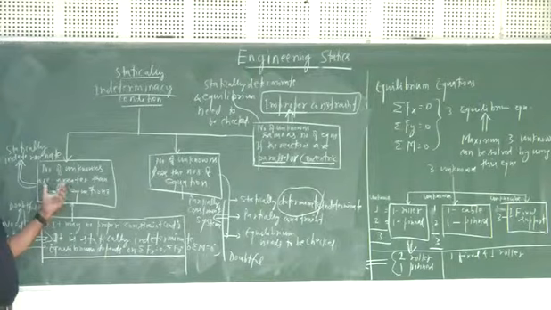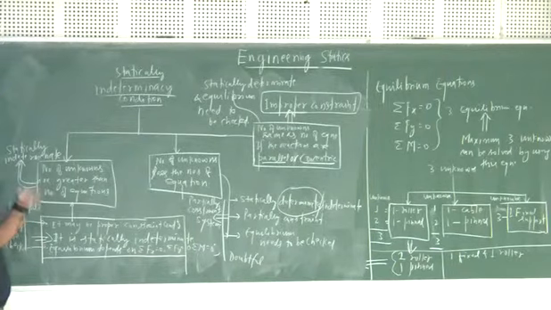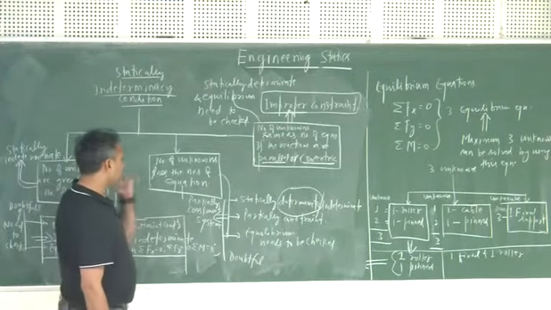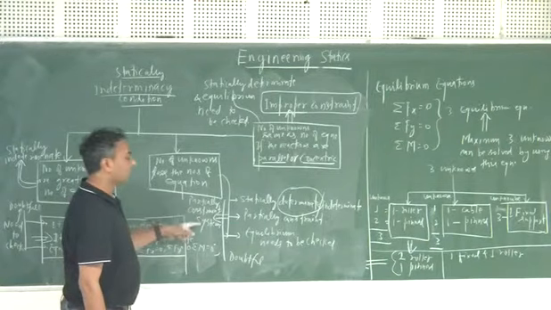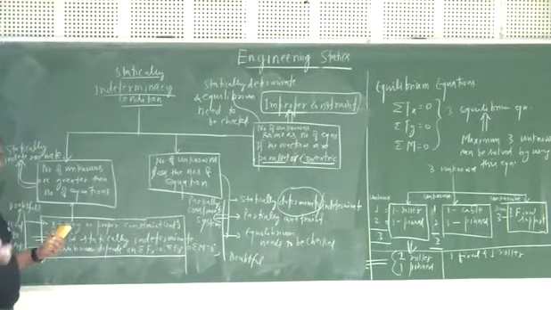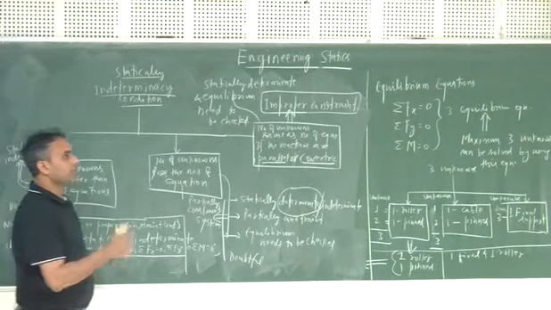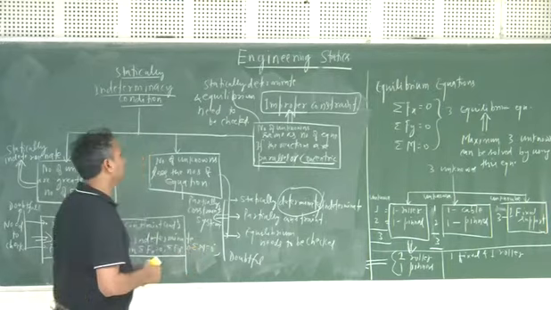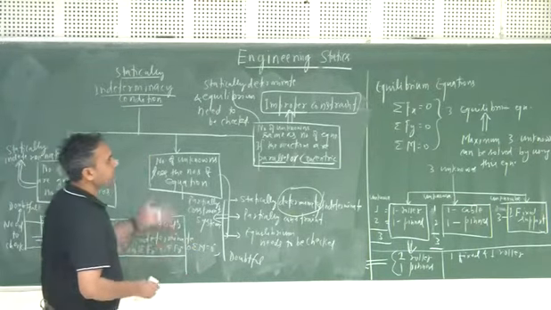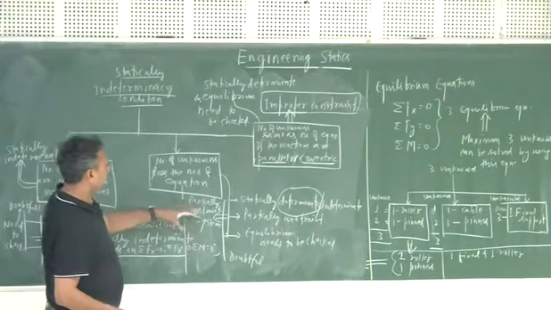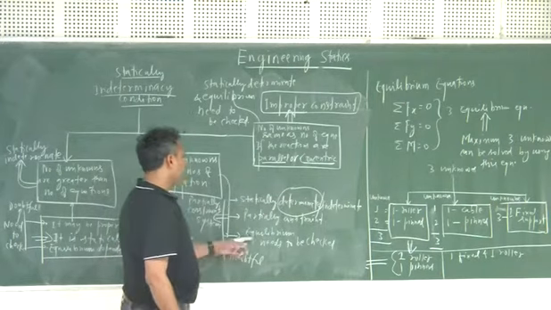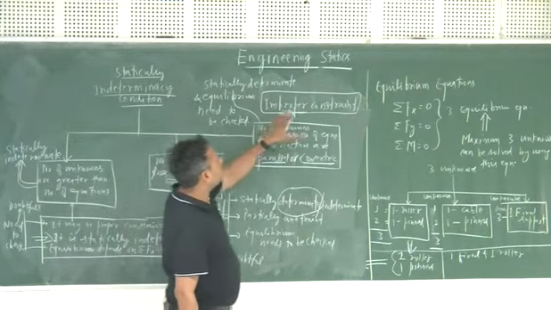But what is certain out of this condition is the number of unknowns first. Second, for equilibrium you will have to satisfy the equations. If the number of unknowns is less than the number of equations, it means your system is partially constrained, and there will be some degree of freedom that cannot be satisfied.